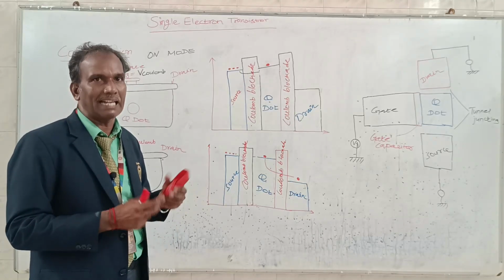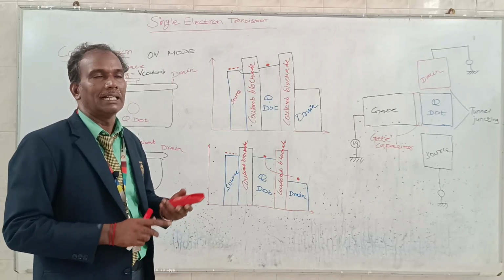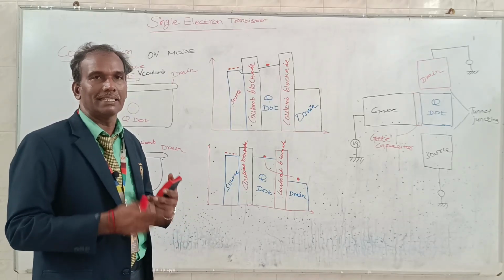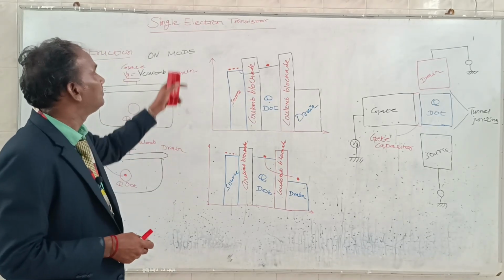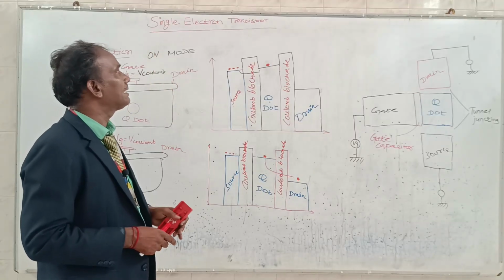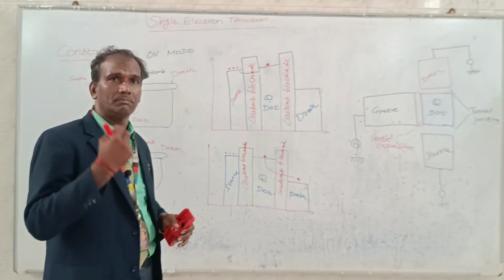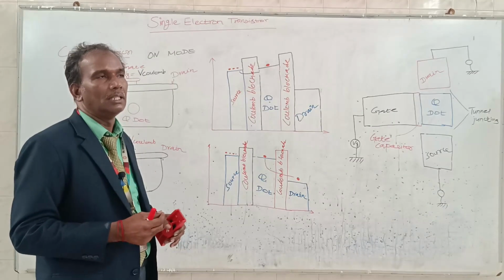In general, transistors are used for switching, transferring the signals, and amplifying the signals. We all know that. And as we discussed earlier, the single electron transistor is a very important transistor.